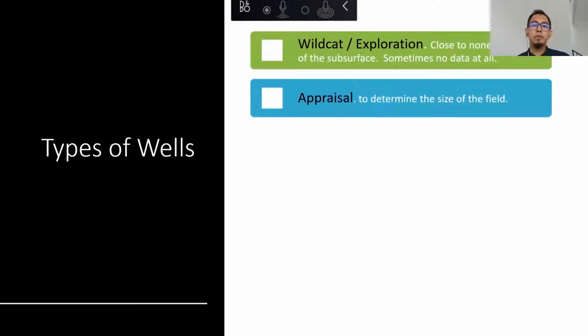The second type of well is the appraisal well. This is to determine the size of the field. Once you drill the exploration well, you drill two, three, or four more wells, depending on how vast you assume the field is. By drilling appraisal wells, you can understand whether your block is economic, good enough, and sustainable enough.